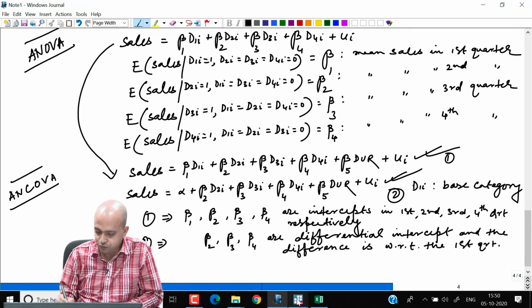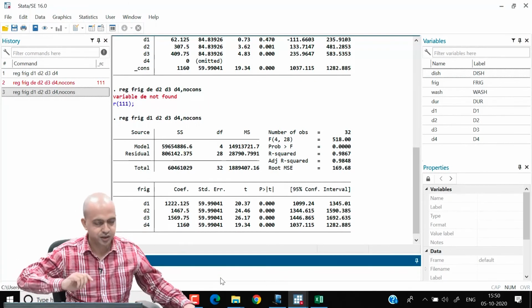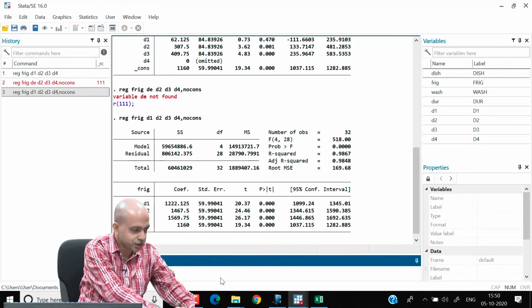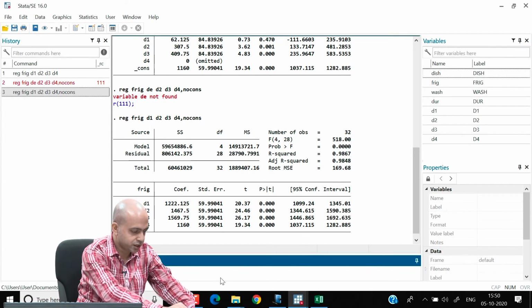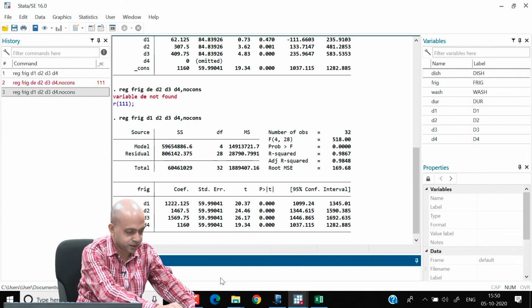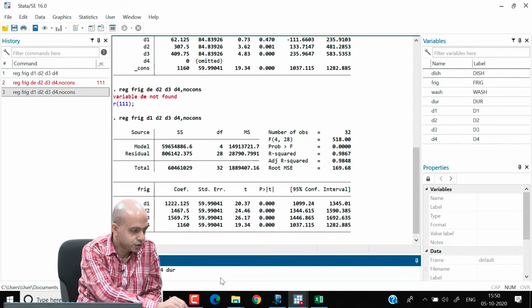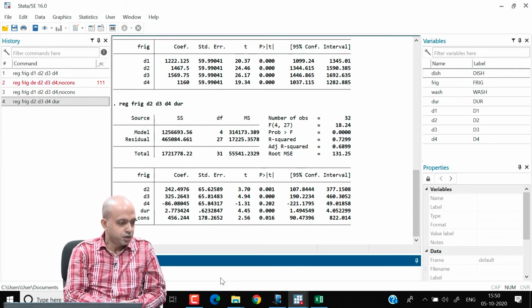Now, if you estimate the ANCOVA model taking 1 as base category, then what we'll do? Let's say reg frig, then D2, D3, D4, and durables. Okay, and let us see this.